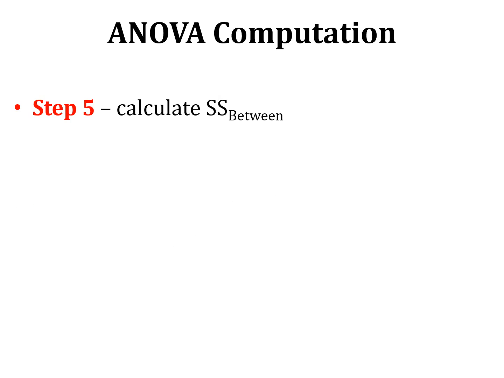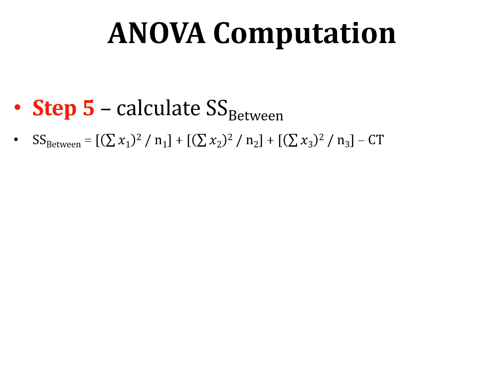Then we have to calculate the sum of squares between samples, and we have 3 samples. We have the values for each of the samples, and then we are going to subtract them from the correction term, right?